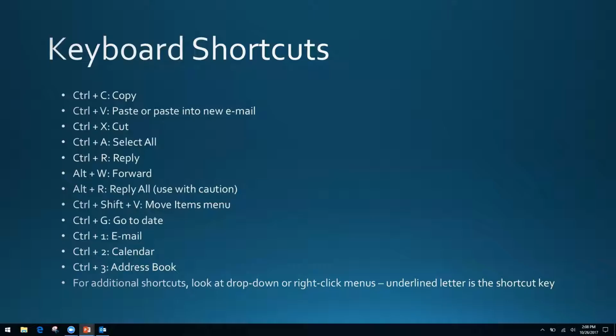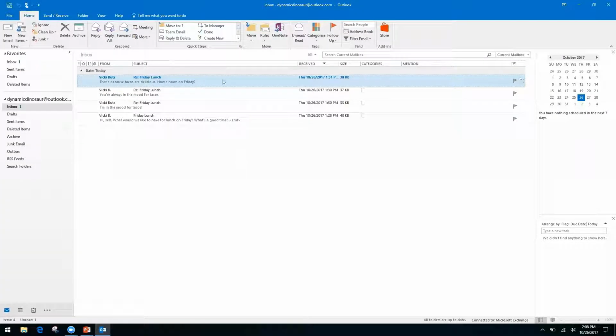Last one on this list is for additional shortcuts. If you right-click anywhere in Outlook or in any of the Microsoft programs, you will see that there are underlined letters on the menu. So if you forget what it is that you are looking to do, or if you forget what the hotkey is, right-click where you want to go and look at the menu options.